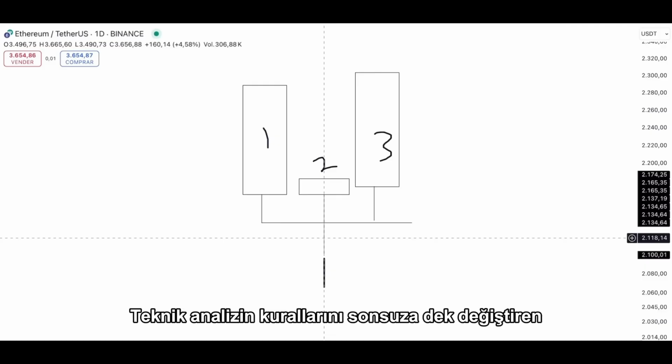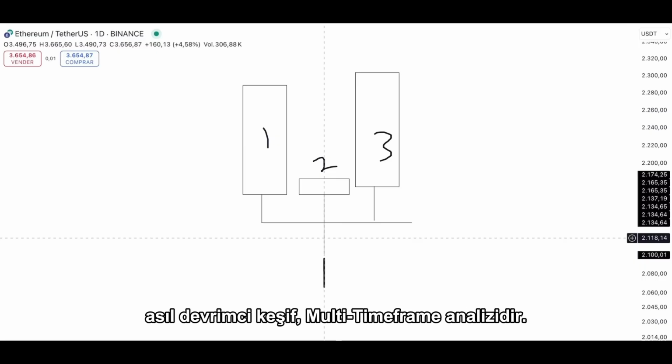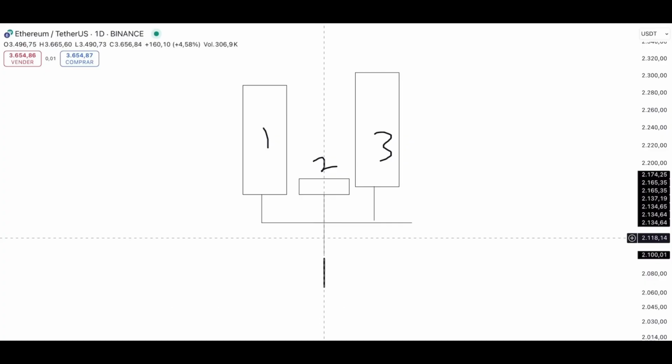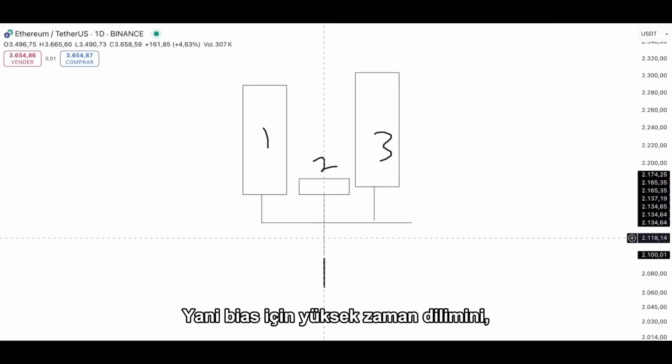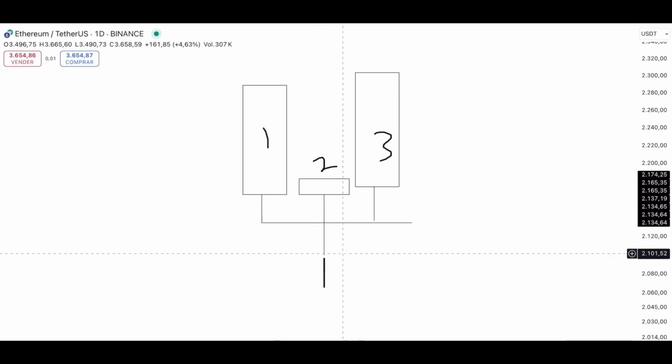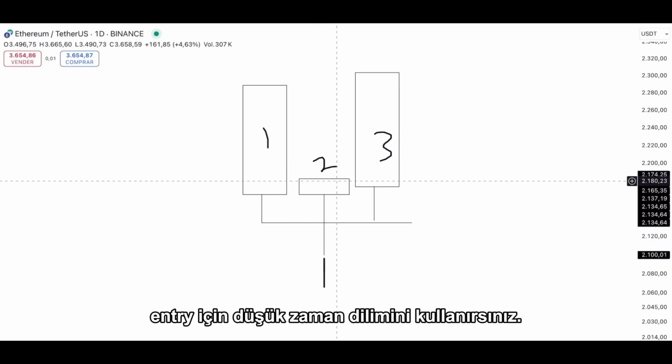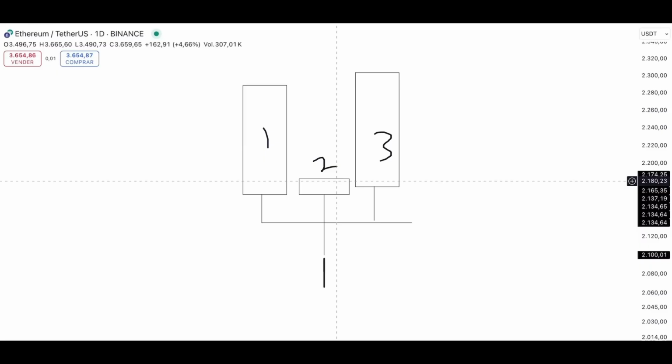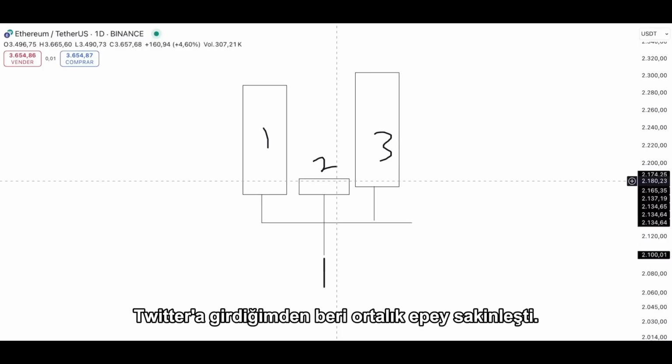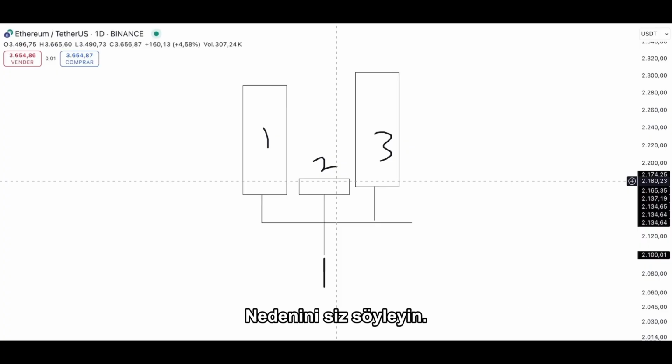And this is the real revolutionary discovery that changed the game of technical analysis forever, is 2 time frame analysis. So you have a higher time frame for your bias and the lower time frame for the entry. And this has never been taught before, right? It's usually discarded. But ever since I came on Twitter, it seems to be pretty common. All right, you tell me why.